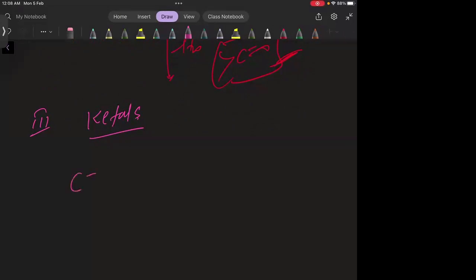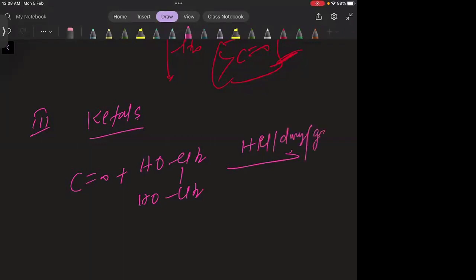So either you take the aldehyde or ketone, which reacts with OHCH2 and CH2OH, correct? In acidic medium, H plus means dry HCl or gaseous HCl, or anhydrous HCl.